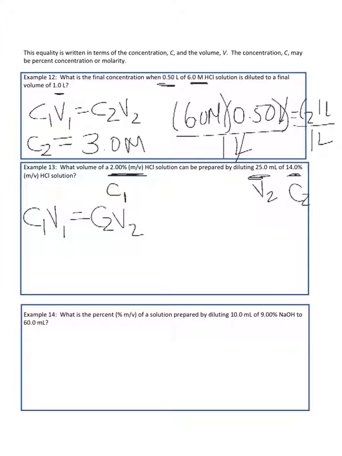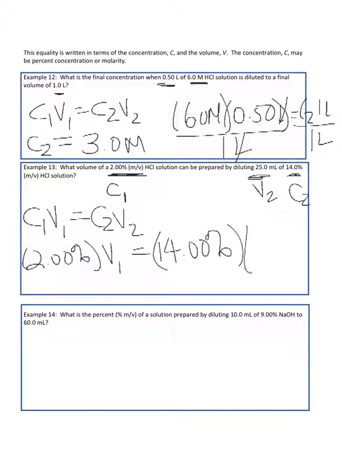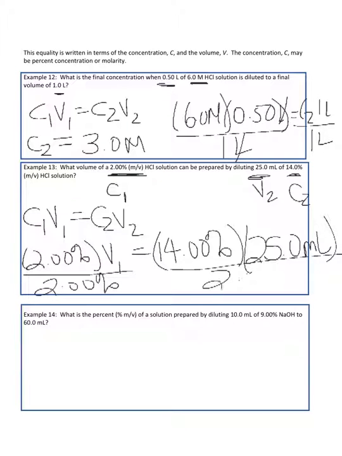Okay. For C1, we have 2% times V1, which we don't know, equals our C2, which is 14%, times our V2, which is 25 milliliters.